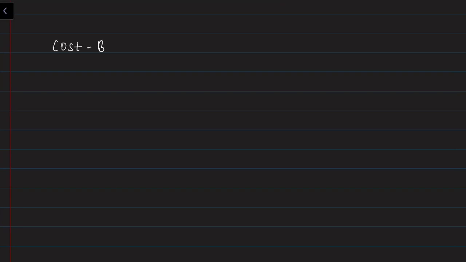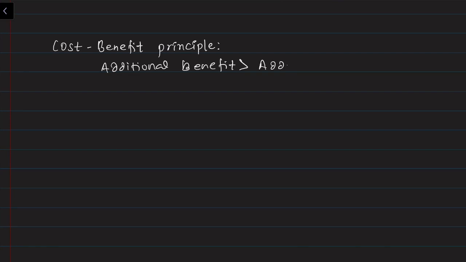Cost benefit principle. So this principle states that a rational individual should take an action if the additional benefit from taking the action is larger than the additional cost.